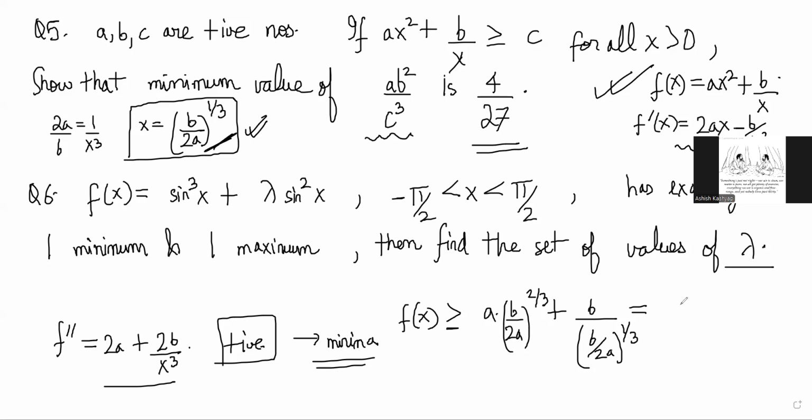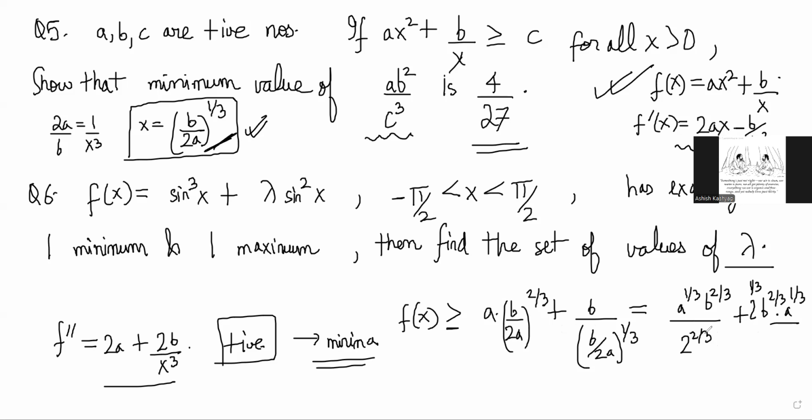You have A divided by A power 2 by 3. So A power 1 by 3, B power 2 by 3 divided by 2 power 2 by 3, plus here you have B divided by B power 1 by 3, so B power 2 by 3, and A will go on top, A power 1 by 3, and now a 2 will go on top, so 2 power 1 by 3 on top, right?